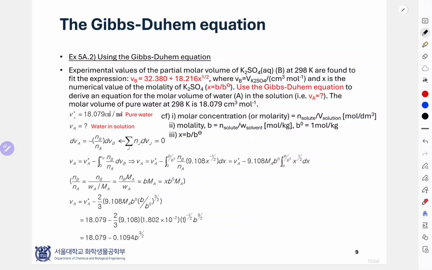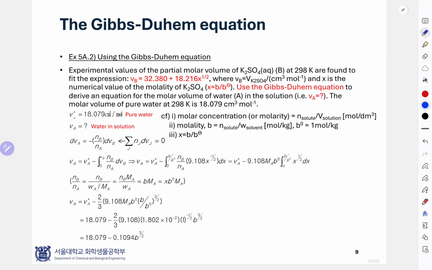The unit is cubic centimeter per mole, and x is the numerical value of the molality of potassium sulfate. This means that x is equal to b over b naught. This b naught is a standard value, which is 1 mole per kilogram.